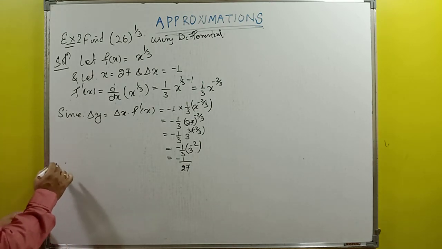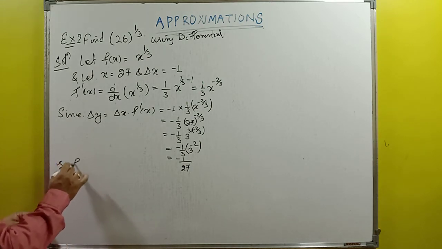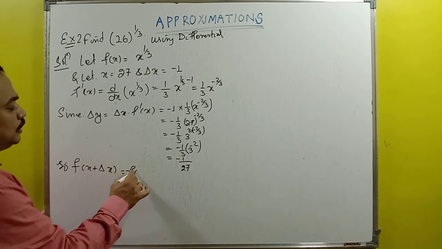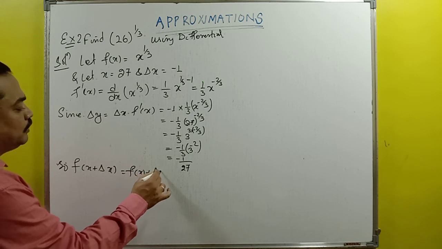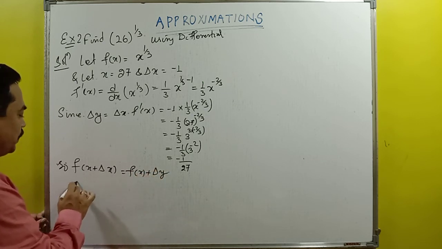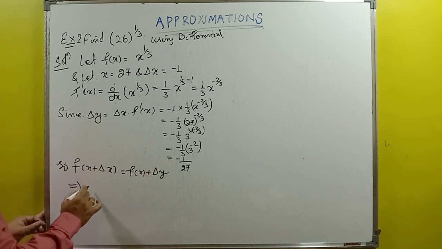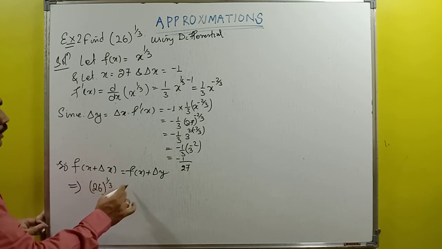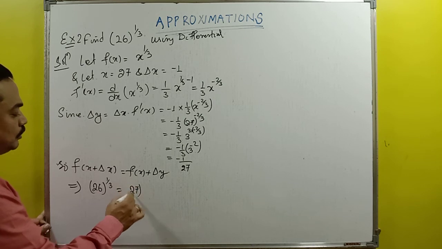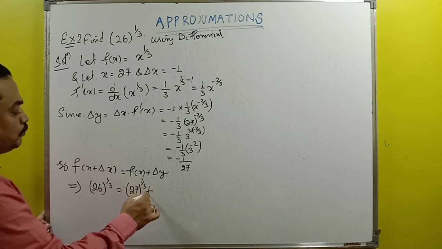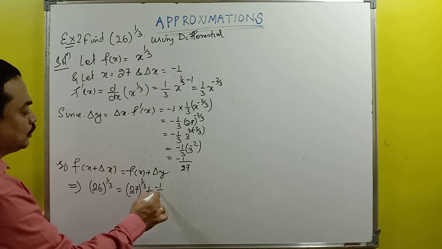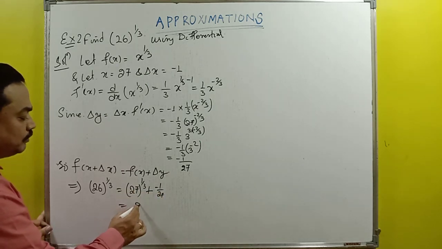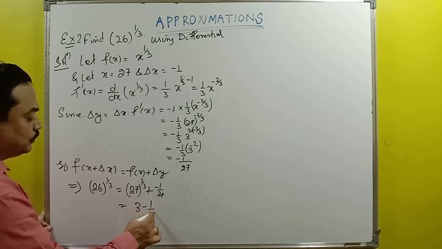Then what will be your conclusion? So f of x plus del x is equal to f of x plus del y. This implies f of x plus del x means it is 26 to the power 1 by 3. F of x means it is 27 to the power 1 by 3, plus del y means minus 1 by 27. So cube root of 27 is 3, minus 1 by 27.